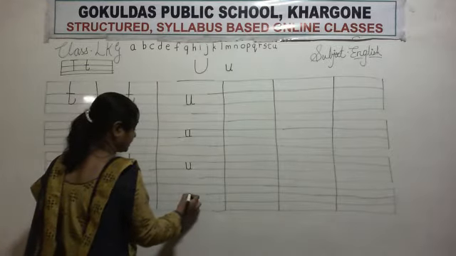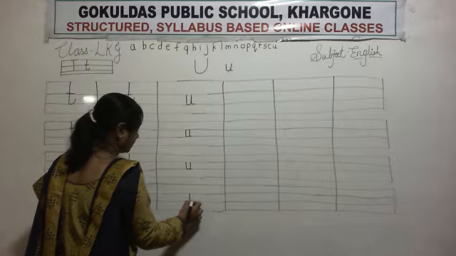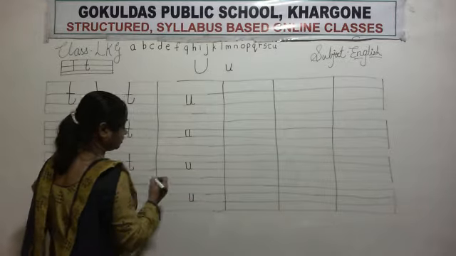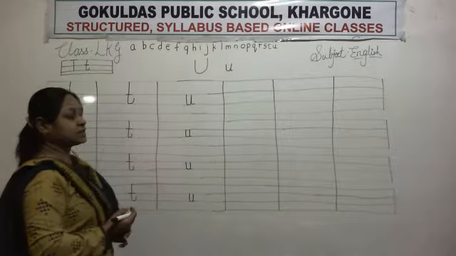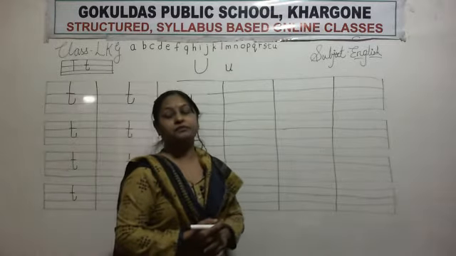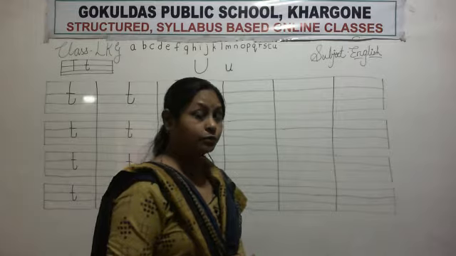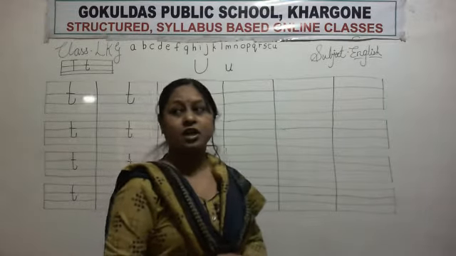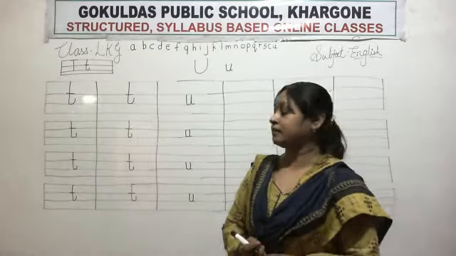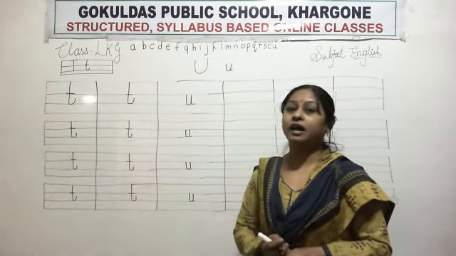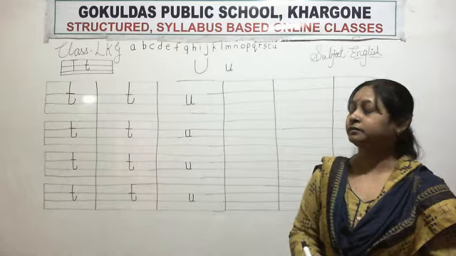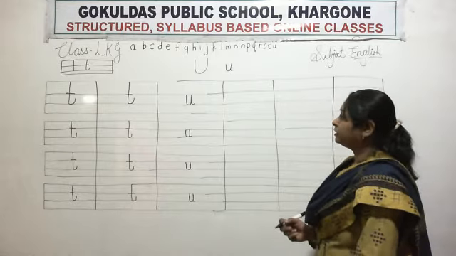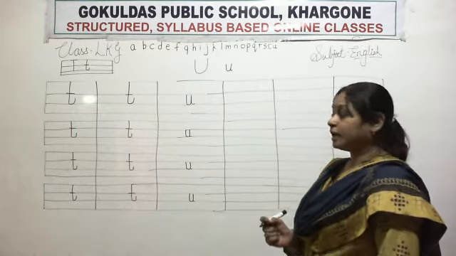Standing line, curve, upward, down, and one small tail. Which letter is this? U. And the sound of U is up. Umbrella. Up. Under. Okay. Uncle.